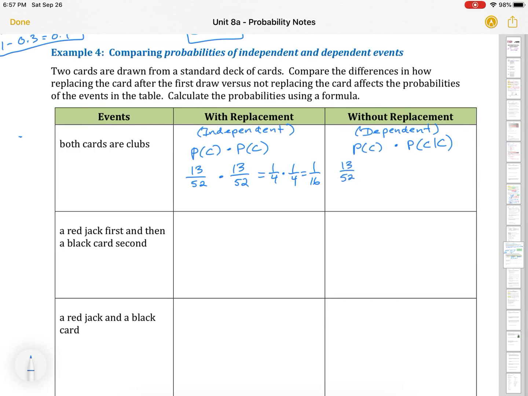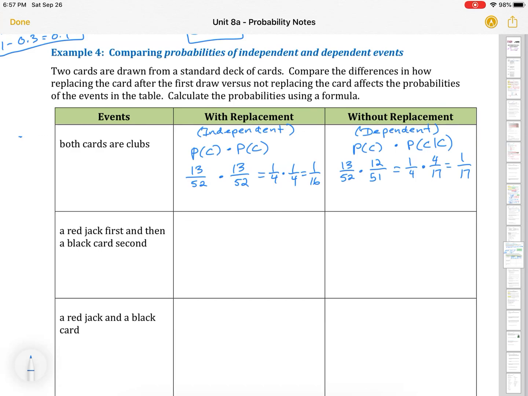Now, the next situation is if we don't replace the card. So it's probability of clubs times probability of clubs if club happened already. So that's what that straight line means. The first one is 13 out of 52 times, now we only have 12 cards that are clubs and we only have 51 cards. So when we multiply that through, we're going to get 1/4 times 12 divided by 51.